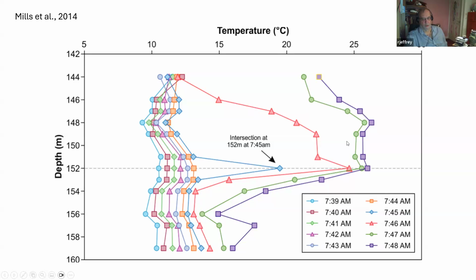And you can see the warm water that's displaced into the borehole moves up the borehole because the collar of this borehole was open, so the fluid could move out of the borehole. And therefore we get a warming of the borehole above the depth and not as much below. And we can still locate it even fairly late after the arrival. We can locate the depth of the intersection point.